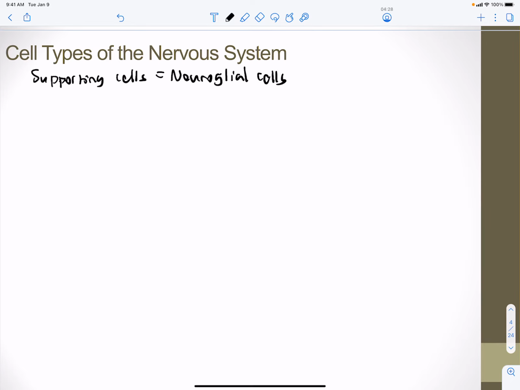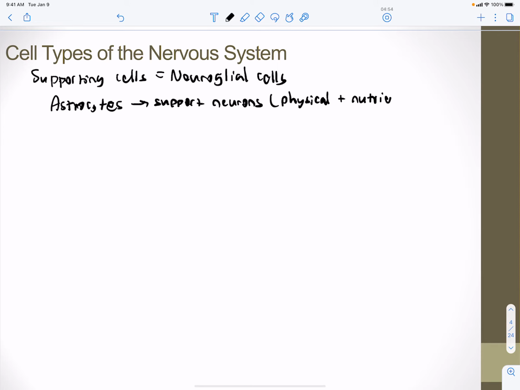So in this, we have our astrocytes. And these are going to provide support for neurons. And this is both physical as well as nutritional. So nutrients.